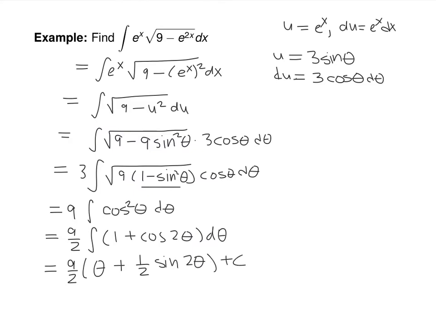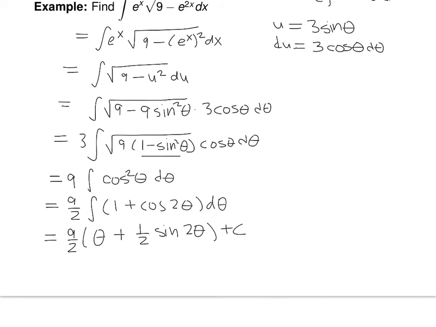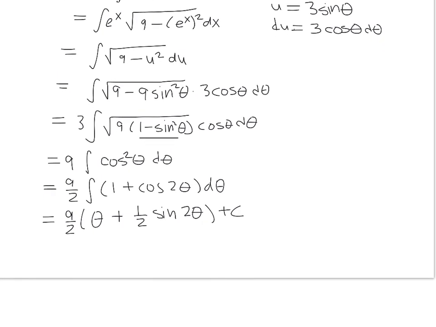And because the half-angle identities for both cosine and sine involve cosine, as in what you get right here is always a cosine, you're always going to have to use the identity that sine of 2 theta is 2 sine theta cosine theta.